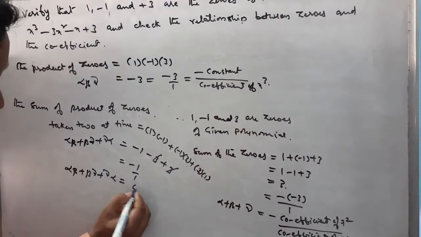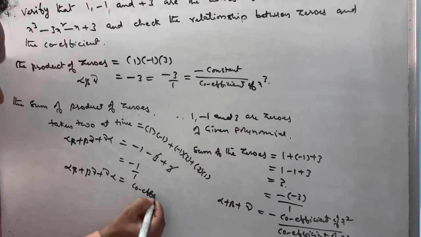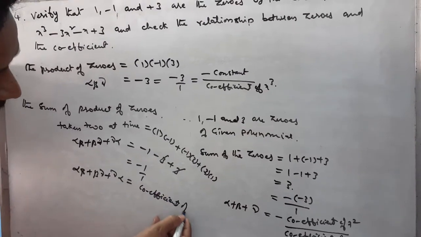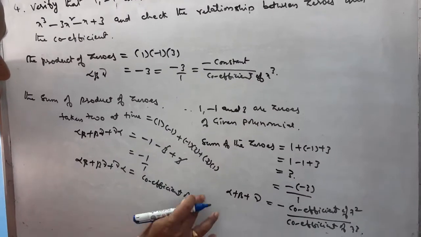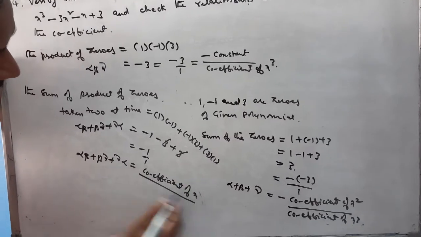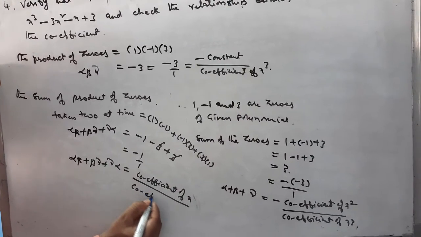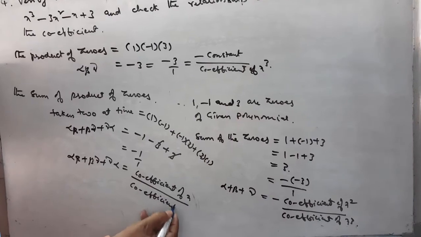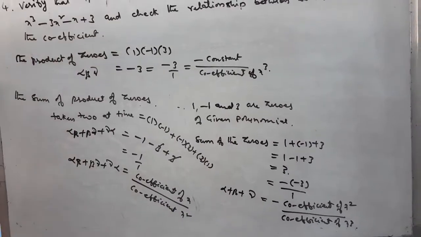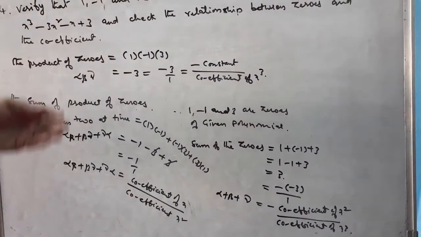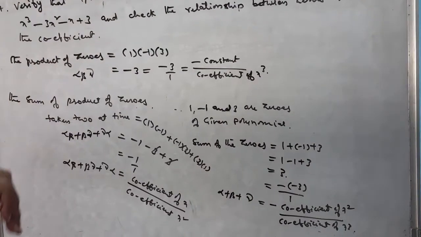So we can write it as coefficient of x by coefficient of x cube. So here, what is the relation between the zeros and coefficients?